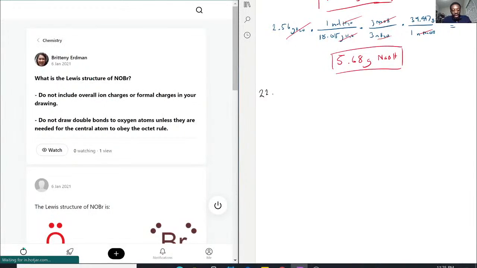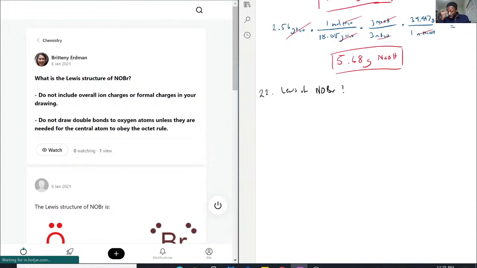For question 22, we have, what is the Lewis structure of NOBr? And it says, do not include overall ion charges or formal charges in your drawing. Okay, which should also not be the case because we should not have any formal charges that are not 0, because the molecule itself is neutral.